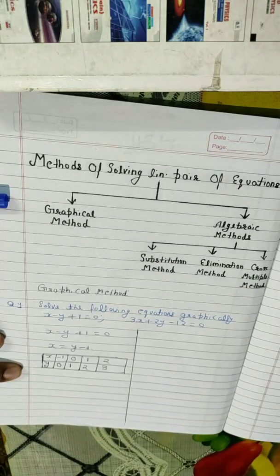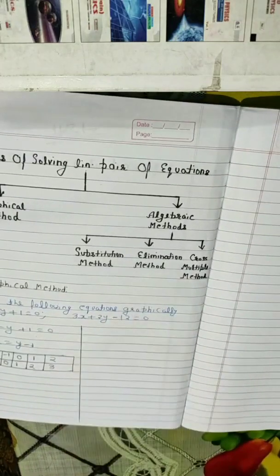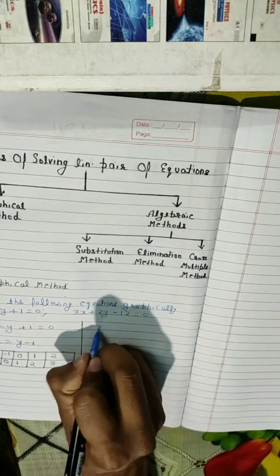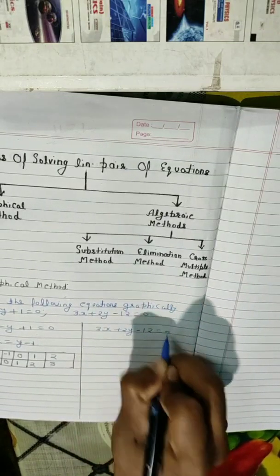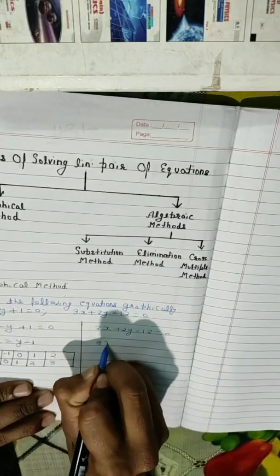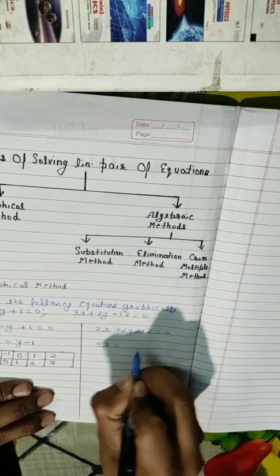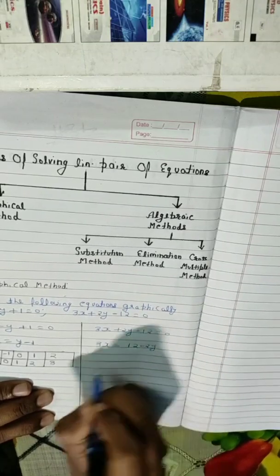Now we will take equation number 2, 3x plus 2y minus 12 equals 0. Here I can write 3x equals, this minus 12 will go to the right hand side as plus 12, and this 2y will become minus 2y.